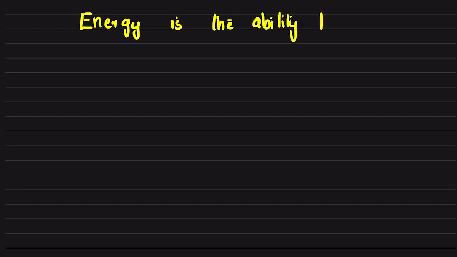So before that, what points did we discuss in energy? First of all, we need to know about energy. What do you mean by energy? Energy is the ability to do work. Second point, what are the different forms of energy? We have radiant energy, which is related to the sun.